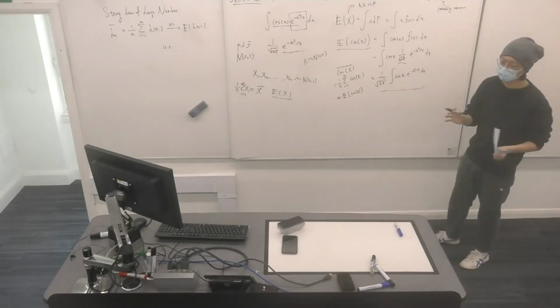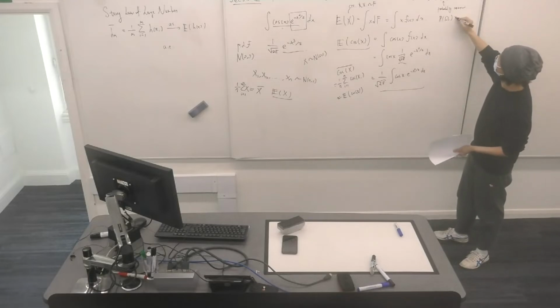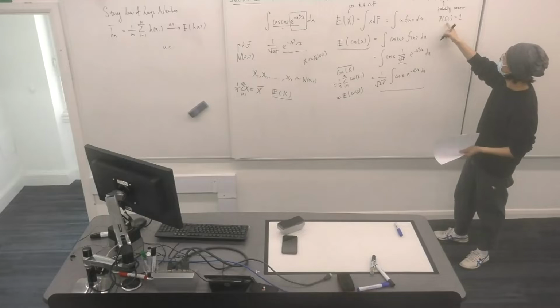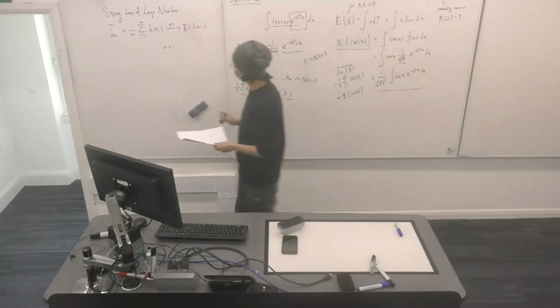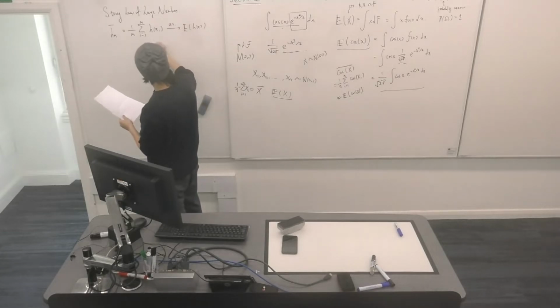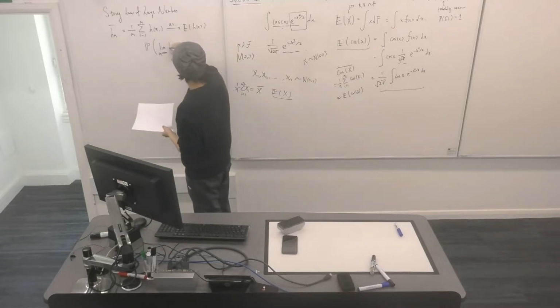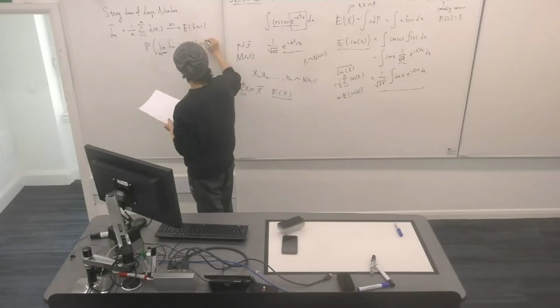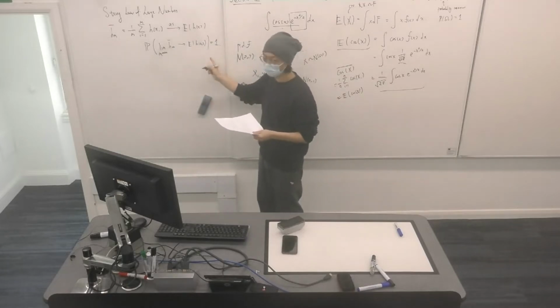So it satisfies all the normal conditions for a measure. In addition, if you measure the entire set, it will go to 1. So this almost sure convergence essentially means that the probability of the limit as n goes to infinity of h bar n goes to the expectation of h of x is 1.